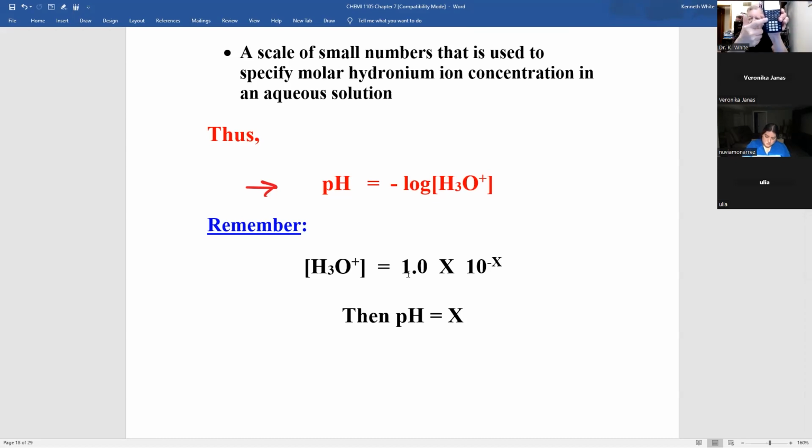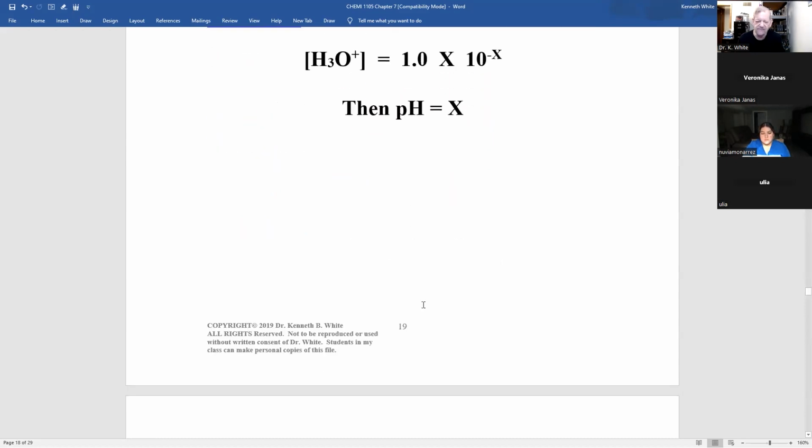My gift to you is, you don't have to use it, because on my test, I'll always give you the hydronium ion concentration starting with 1.0, and it'll always be times 10 to the minus x. And if that's the case, the pH is x.